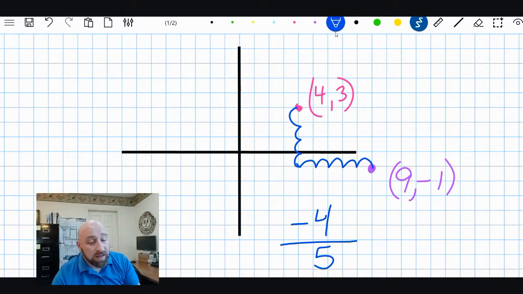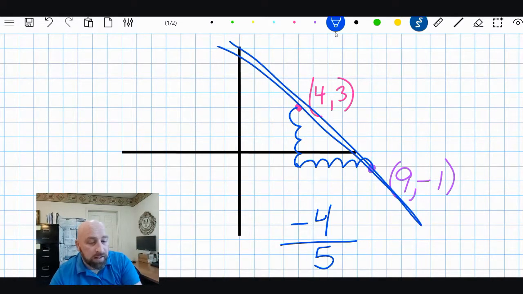Now, this line has what's called a negative slope. This is a negative sloping line. So if you look at that line, it's going this way. If a line goes up to the left and down to the right, going this way, then it is a negative sloping line.